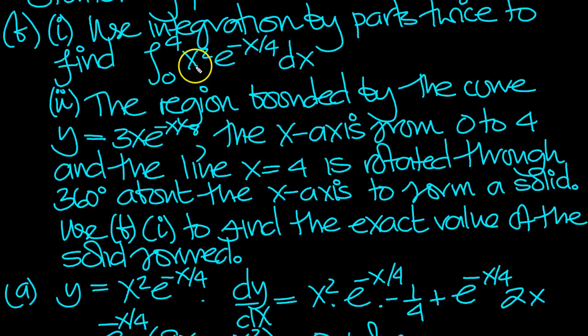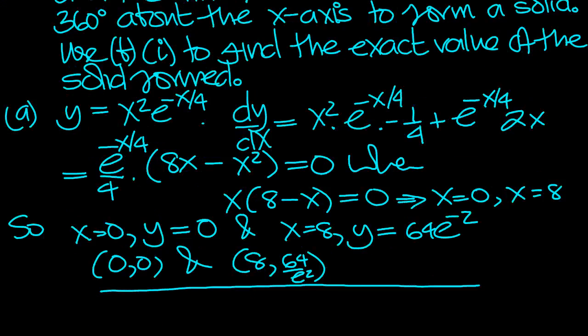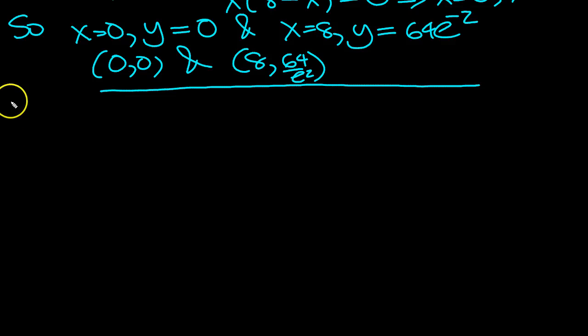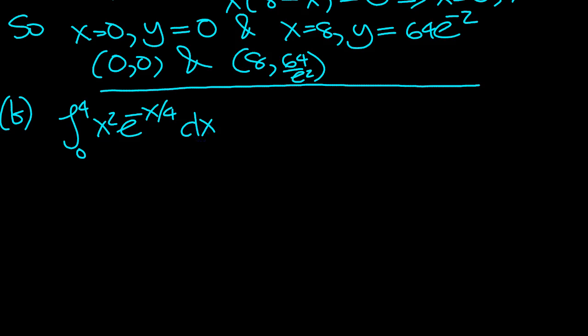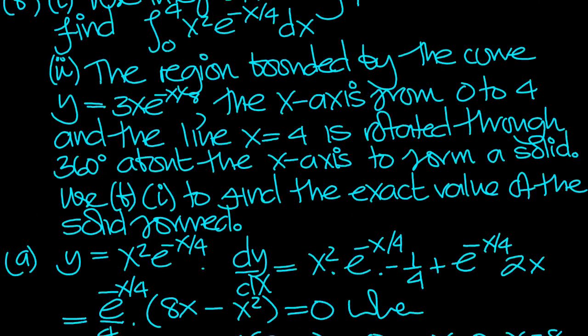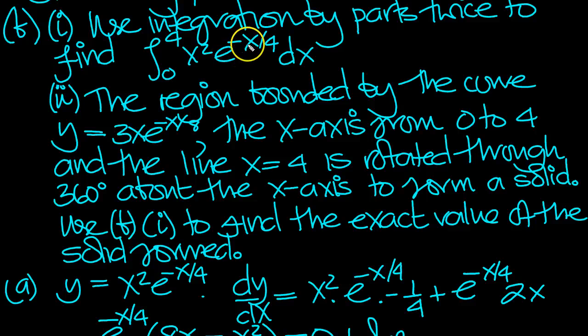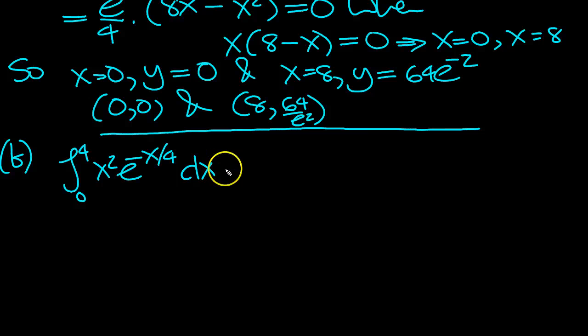Use integration by parts twice to find this integral. Okay. Integral x squared e to the minus x over 4. So B, the integral between 0 and 4 of x squared e to the minus x over 4 dx. Let's just check I've written that down correctly. So that's equal to, then, it's a definite integral, so this will be v, this will be du, so it's uv.